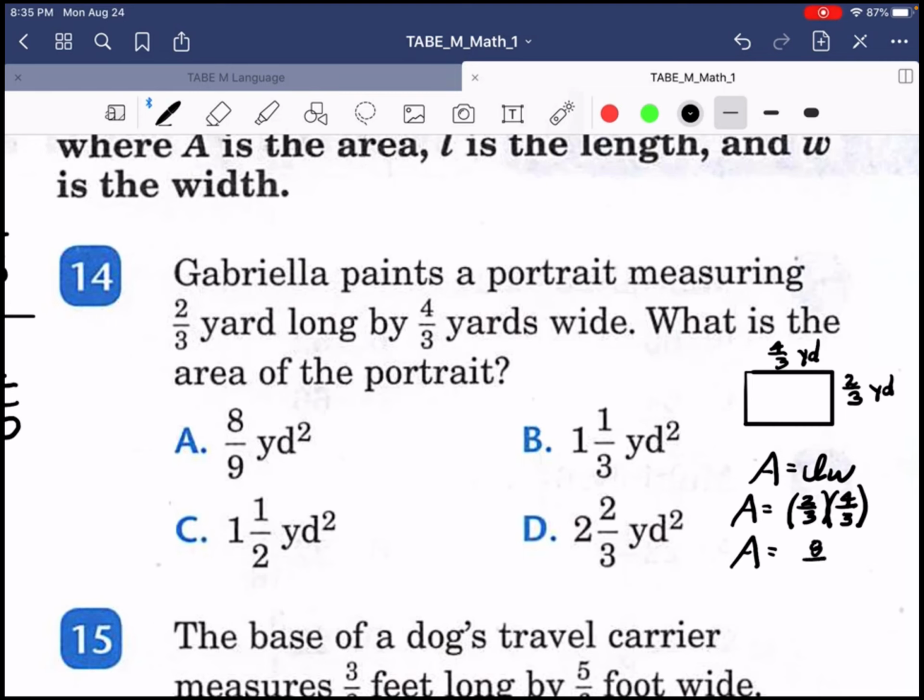So 8 over 9. And area is always in yards squared or units squared. In this case, it's yards. So I would go with answer A. Almost a whole square yard. 9/9 would be 1 square yard.